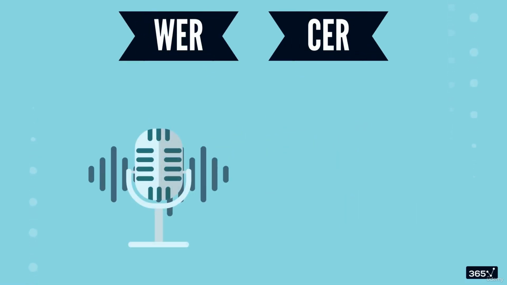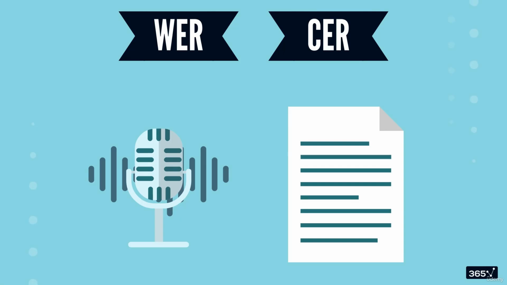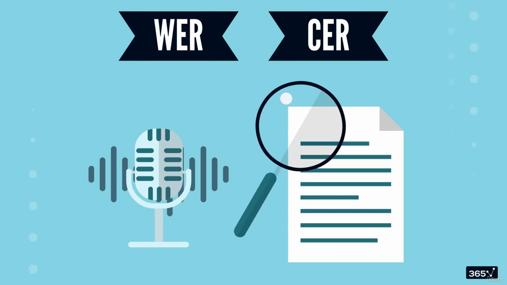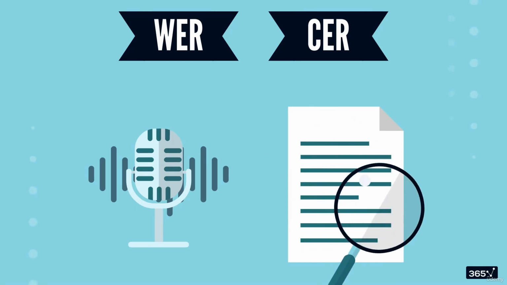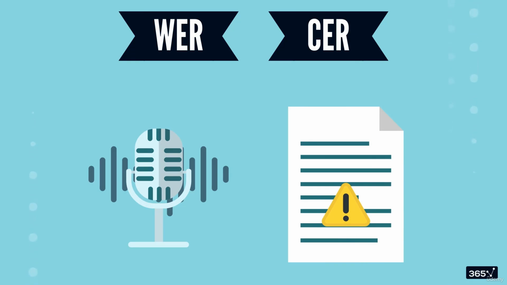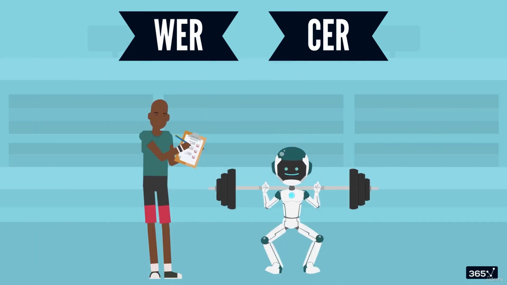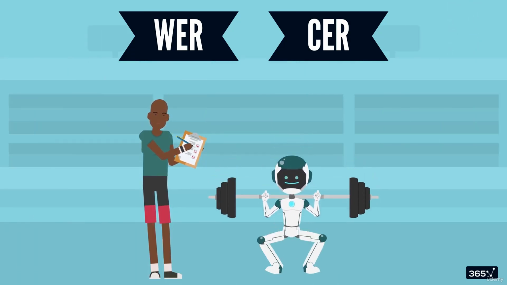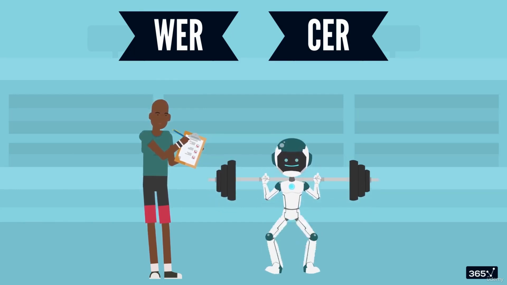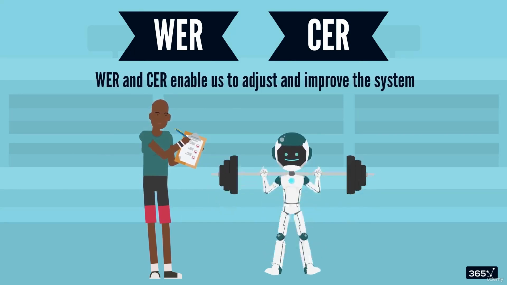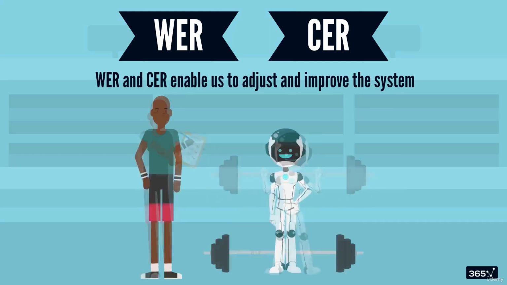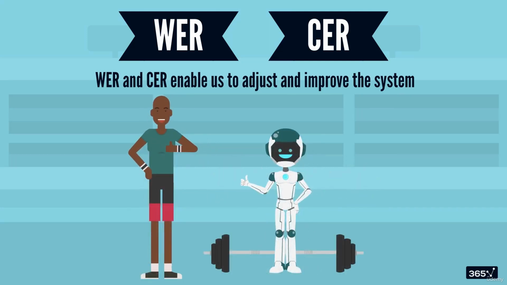WER and CER offer valuable insights into the effectiveness and reliability of speech-to-text models, highlighting areas for improvement. They're primarily used during the training phase of a model to measure and refine its accuracy. Calculating WER and CER allows us to identify specific areas where the model misinterprets speech, enabling us to adjust and improve the system.